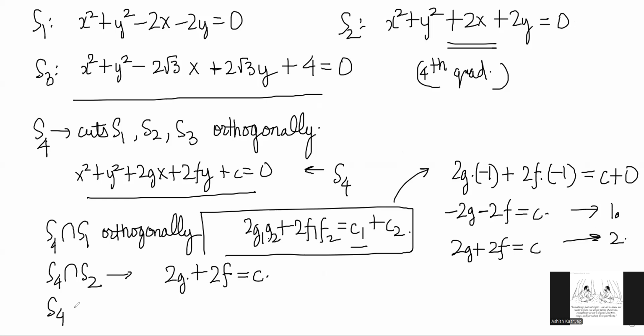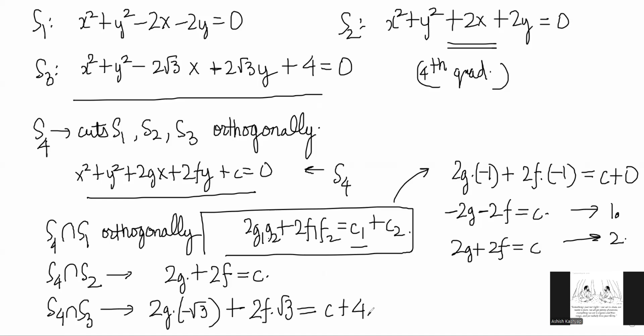And S4 intersects S3 also orthogonally. So from here we get 2G, S3 is G2. So here 2G2 is minus 2 root 3, so G2 is minus root 3. So 2G into minus root 3 plus 2F into root 3 is equal to C1 plus C2, so C plus 4, right?